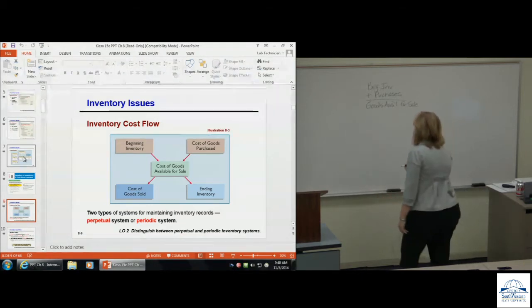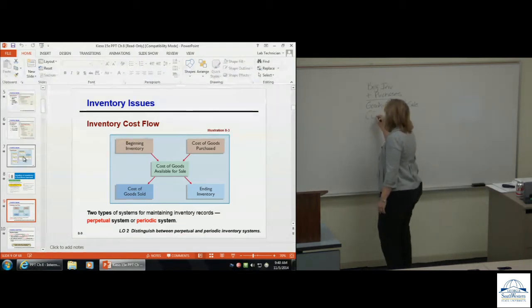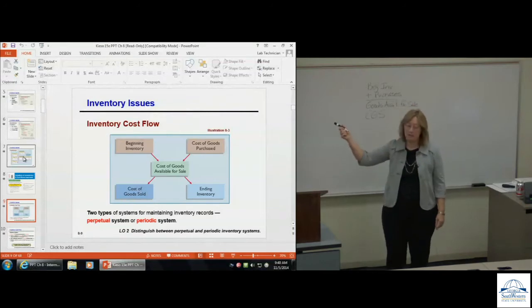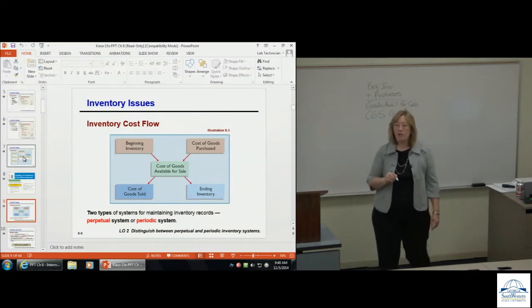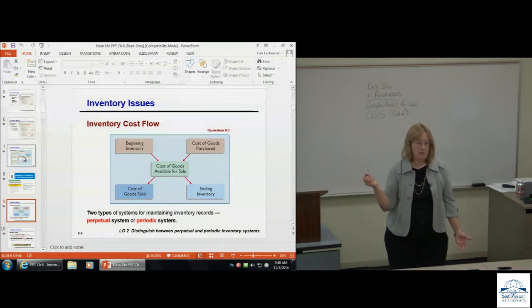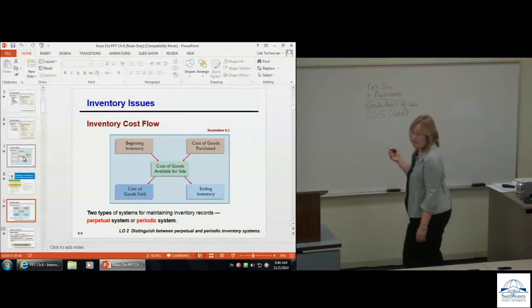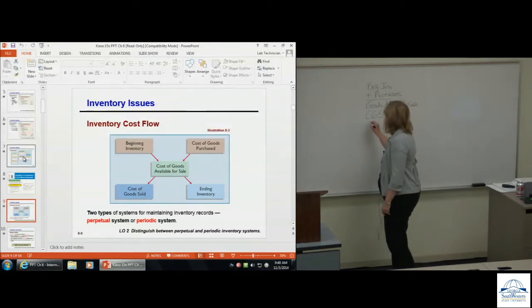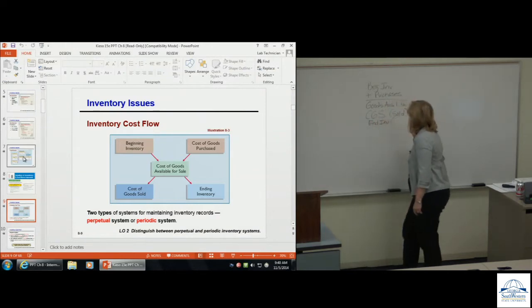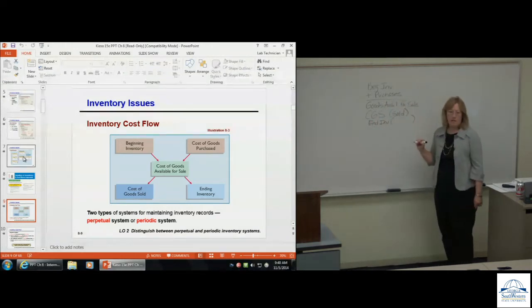Okay, so they can either go to cost of goods sold, see there on the bottom? These are the goods that were sold. Or they could do what? What's our other option? Yes, in the inventory. And what happened to these goods? They were not sold, right?